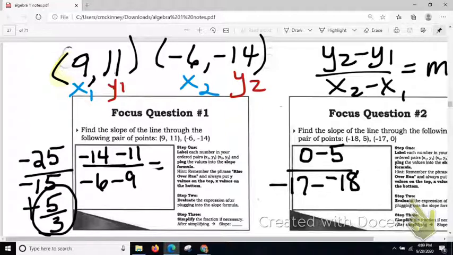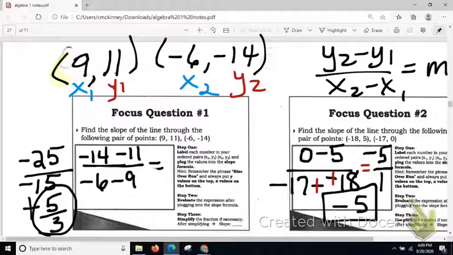So if you're also subtracting a negative, we end up with a double negative that turns into plus. So this turns into negative 5 on top, 0 minus 5, and then negative 17 plus 18 is a positive 1. So if it's just a 1 on the bottom, the slope can just be expressed as a whole number, or as an integer, I should say.